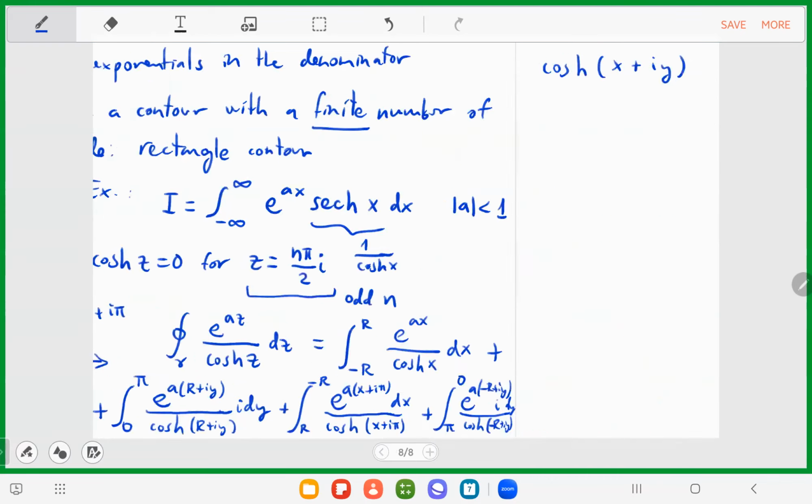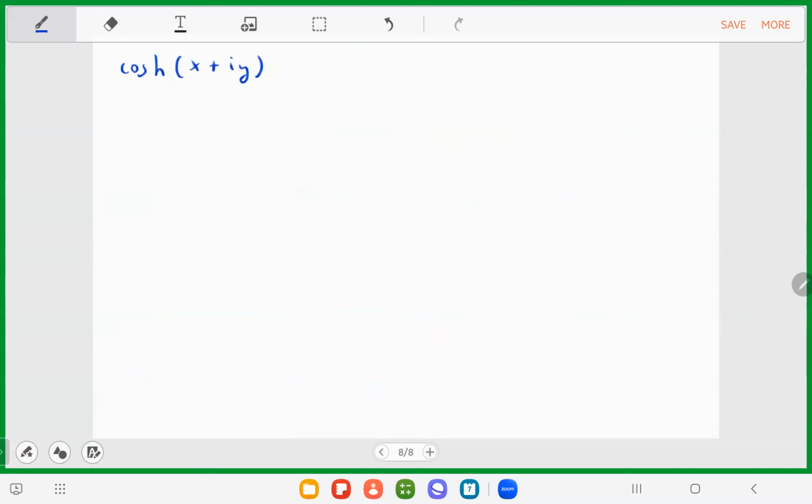Okay, we have several combinations here, but x and y are real. So we can go to the properties of the hyperbolic cosine and remember that this is equal to the hyperbolic cosine of x times the cosine of y plus i hyperbolic sine of x times sine of y. Why is this useful?